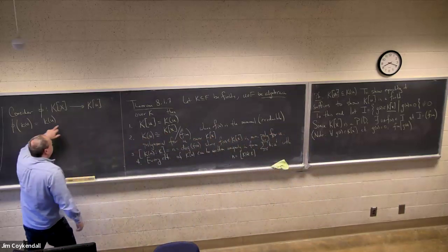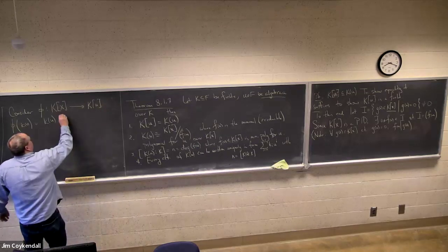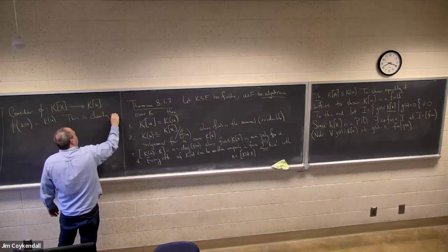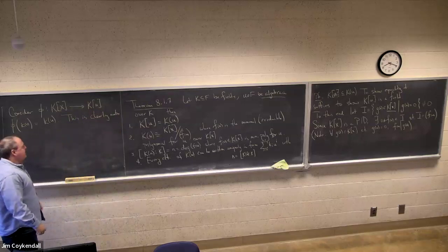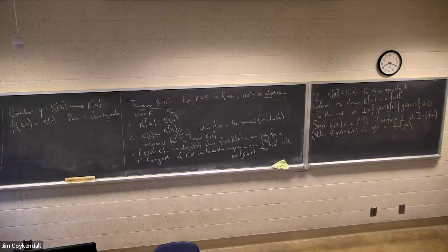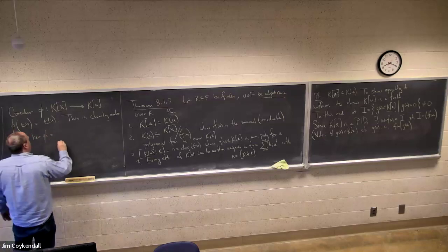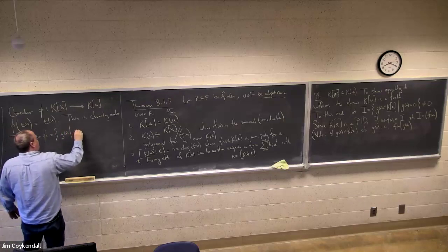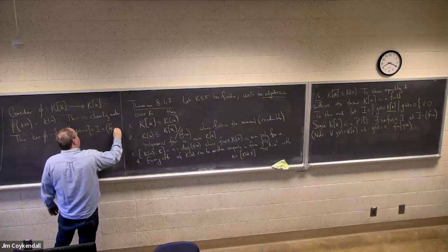This certainly ends up in K[U]. This is clearly onto, again by the definition of what K[U] is. Don't expect it to be one-to-one. The kernel of phi is equal to the set of g of x such that g of U is 0, which is precisely I, which is generated by f of x.